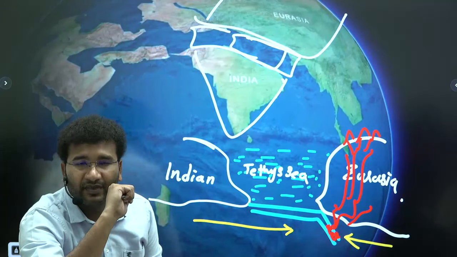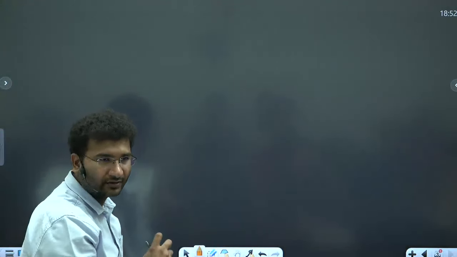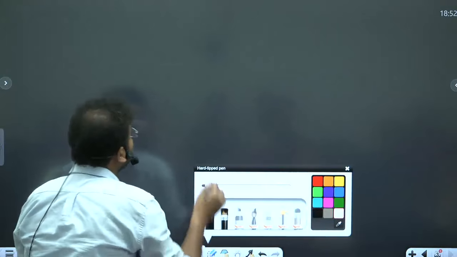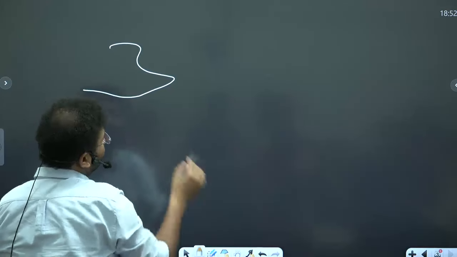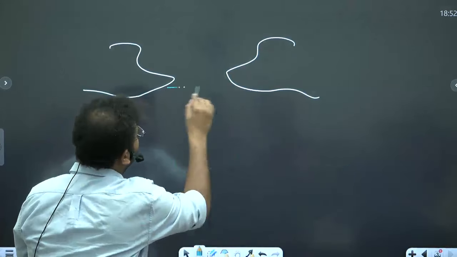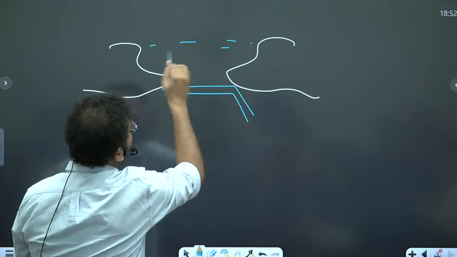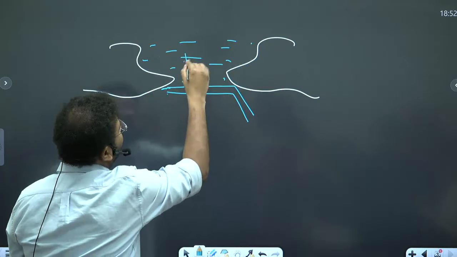But further, what happened is that, I'll draw this diagram. I hope you understand what I'm drawing here. See, this was a continent, and this was also a continent. In between you had an oceanic plate. Okay? So this oceanic plate is the Tethys Sea plate.